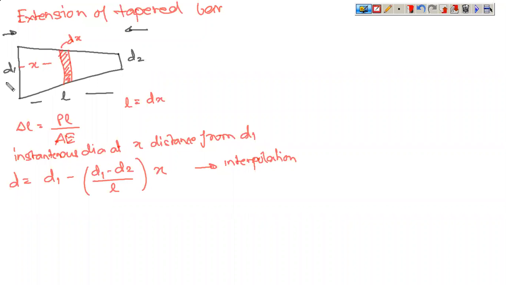Maximum is d1, minimum is d2, and this reduction has taken place over a distance of L. So the rate of reduction is (d1 minus d2) divided by L. When you travel a distance of x, the reduction is this much, and d1 reduced by this gives the instantaneous diameter. If you put x equal to L, L cancels, d1 cancels, and d2 remains. If you put x equal to 0, it remains d1. So this is your final equation.